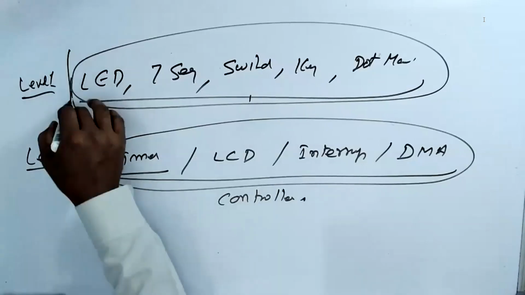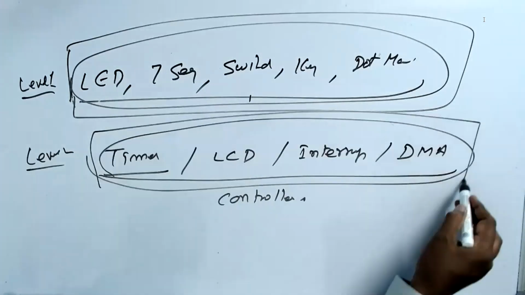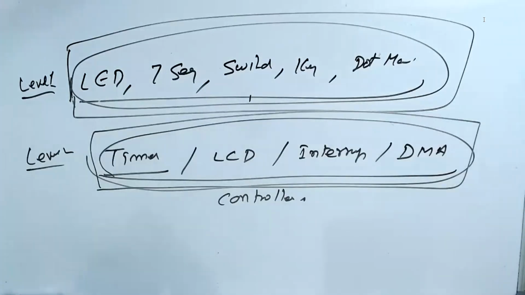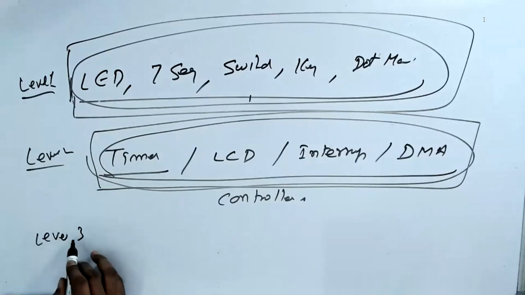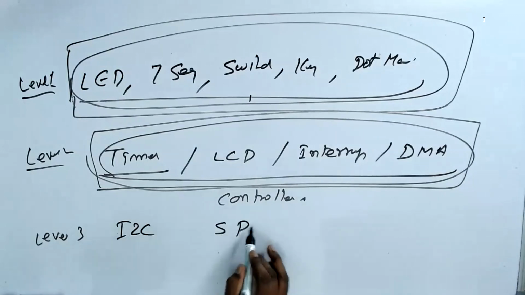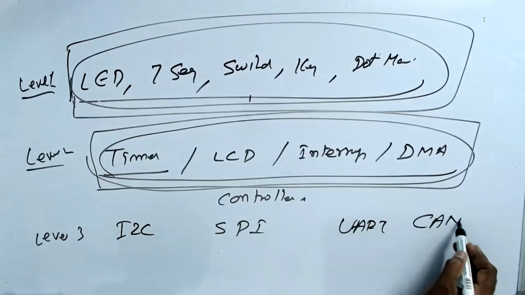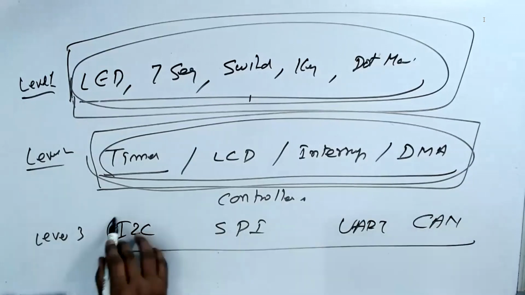Now we have done this first level. Next week we will start the second level. And level 3 is controlling things through I2C, SPI, UART, and CAN. What are these things? Understand them.